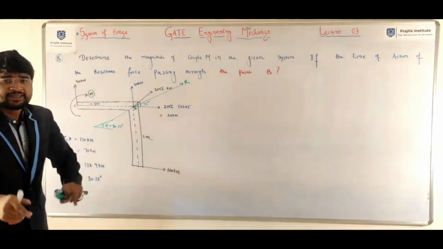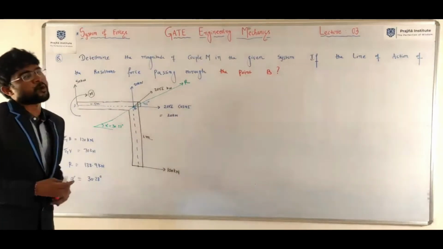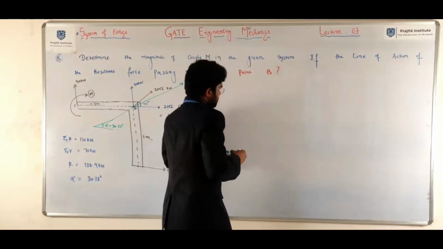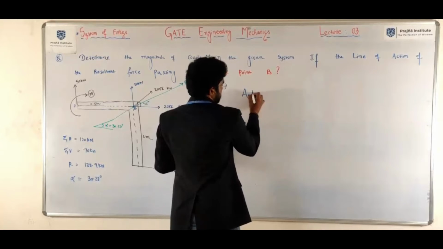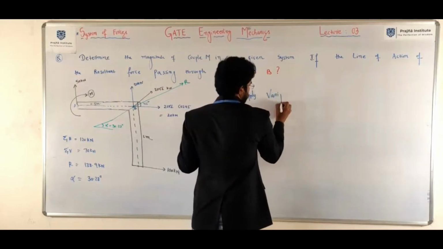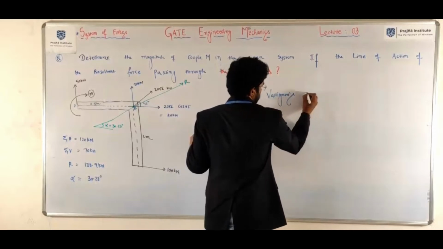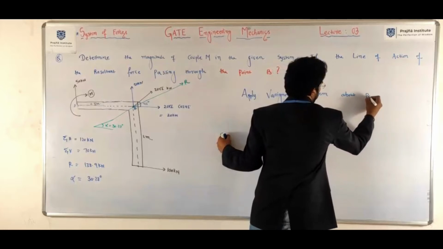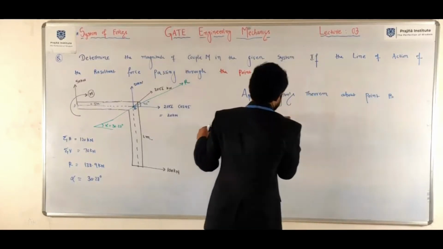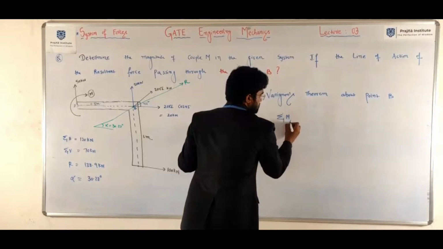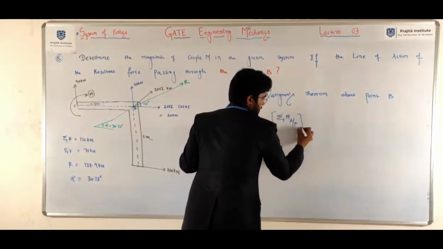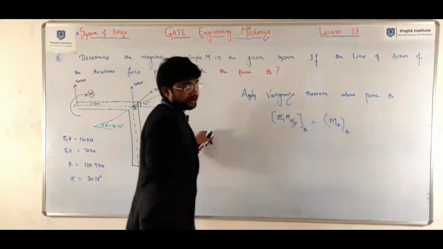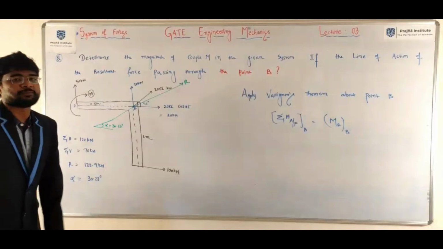Just apply Varignon's theorem about point B. The algebraic sum of the moments of all system of forces about point B is equal to the moment of the resultant force about point B. How to apply moment about point B?